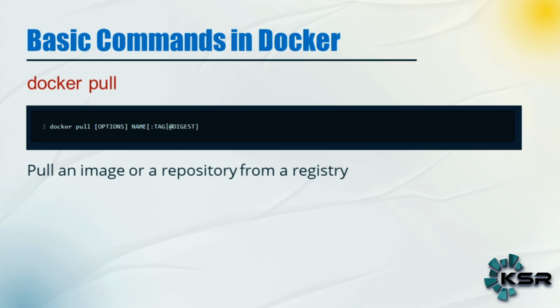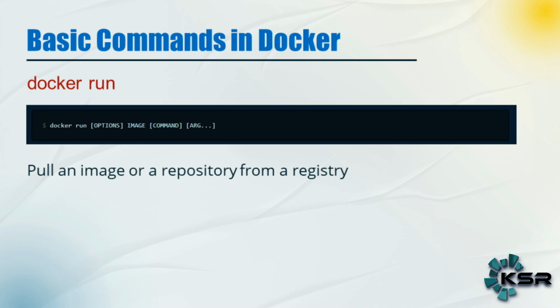That is the syntax. Coming to docker run, this command is used to create a container from an image. Like we have seen before, when a Dockerfile builds, it creates a Docker image, and when we run it, it creates a Docker container. The command used there is docker run, right?